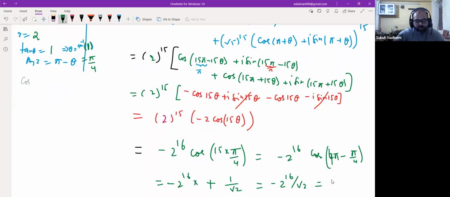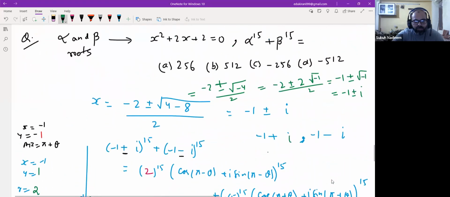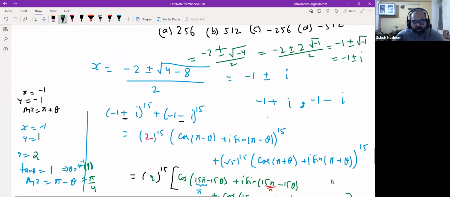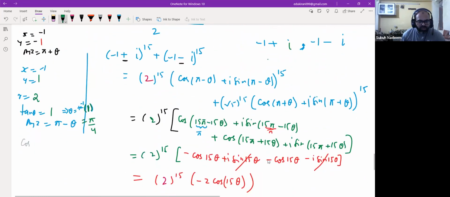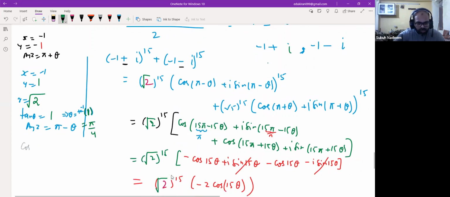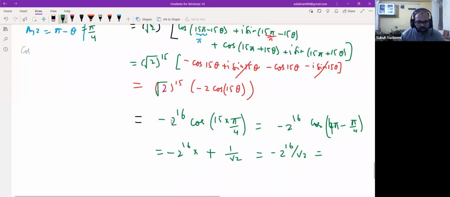So your answer would be then, isn't it root 2 to the power 15? Root over, yeah. Once a mistake, always a mistake. Root 2, R is root 2, fine. So this is root 2 to the power 15 into 2.